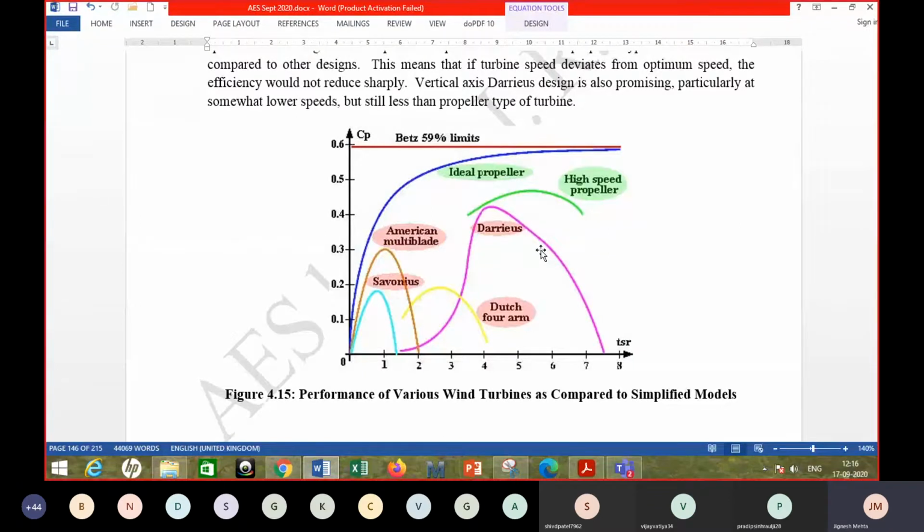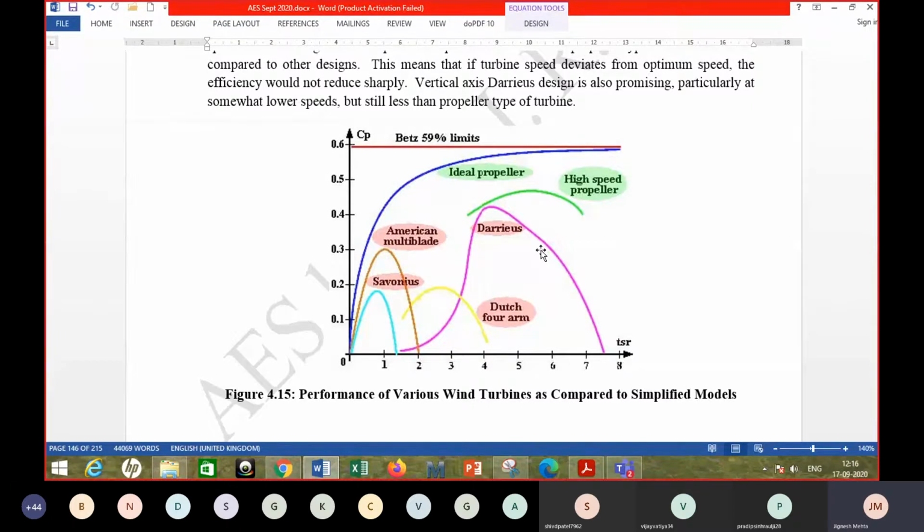So you can see different turbine designs shown here: Savonius, then American multi-blade, then the Dutch 4-arm, Darrieus, and high-speed propeller. Right. So if you look at the Savonius and Dutch 4-arm turbines, what you find is that even the maximum efficiency is not very high. It is not even able to go beyond 20%.